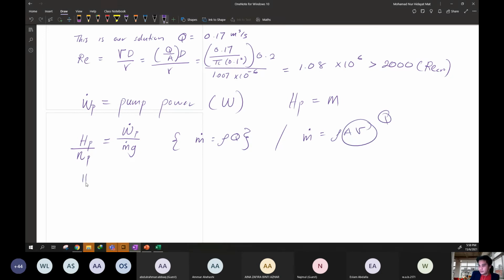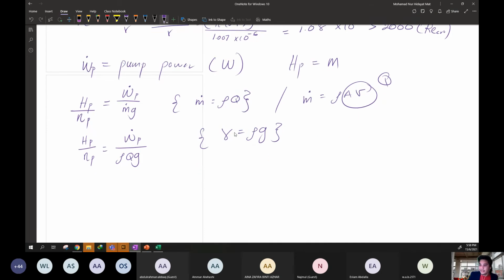Try to substitute here. Head of the pump over efficiency equal to work of the pump over M dot, which is rho Q g. Rho g is the gamma. Alright, we know that gamma is rho g. And then make WP the subject.